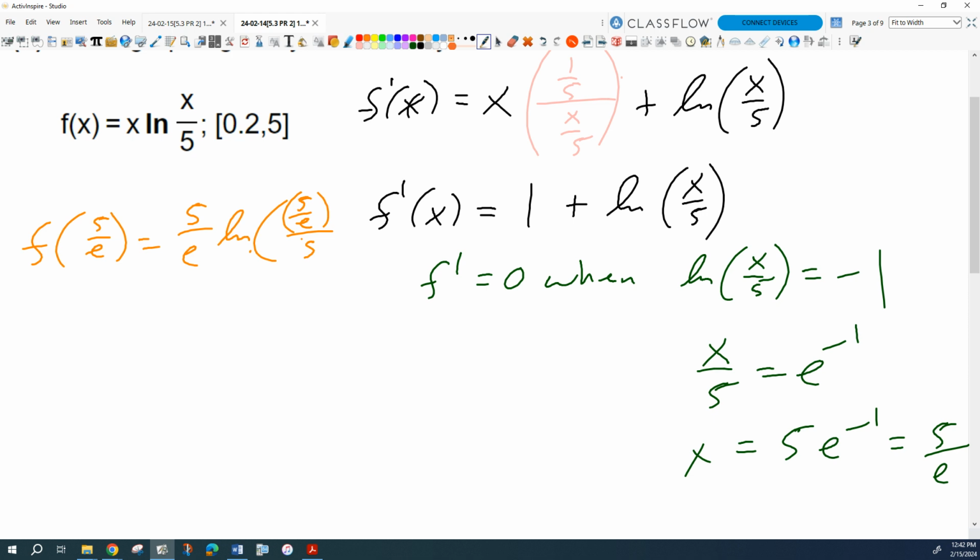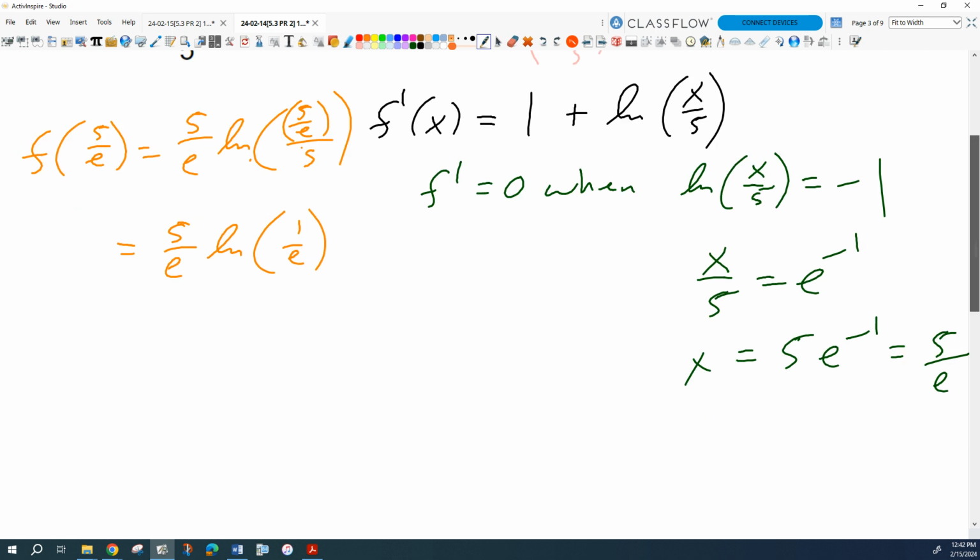Which is the same thing as 1 over e, right? Okay. Well, what's the log of 1 over e?